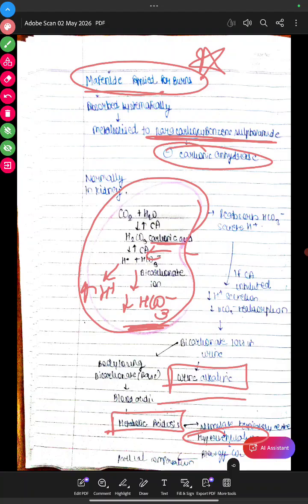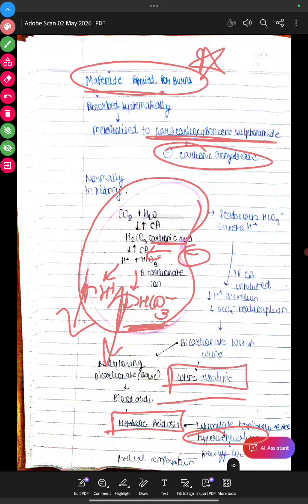Now if we inhibit this, the secretion will decrease and the reabsorption will also decrease.